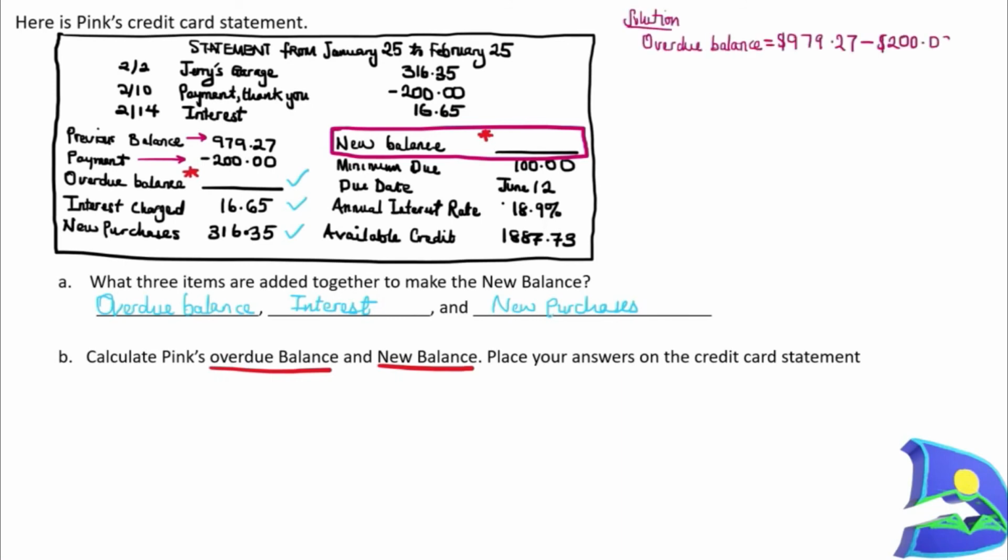So once you have that, you'll be able to determine what is actually used in your credit card. Once you have that taken care of, you write that down. And for our new balance in here, we'll have to actually add not only the overdue balance, but the interest rate that was actually added to the credit card, and finally the new purchase.